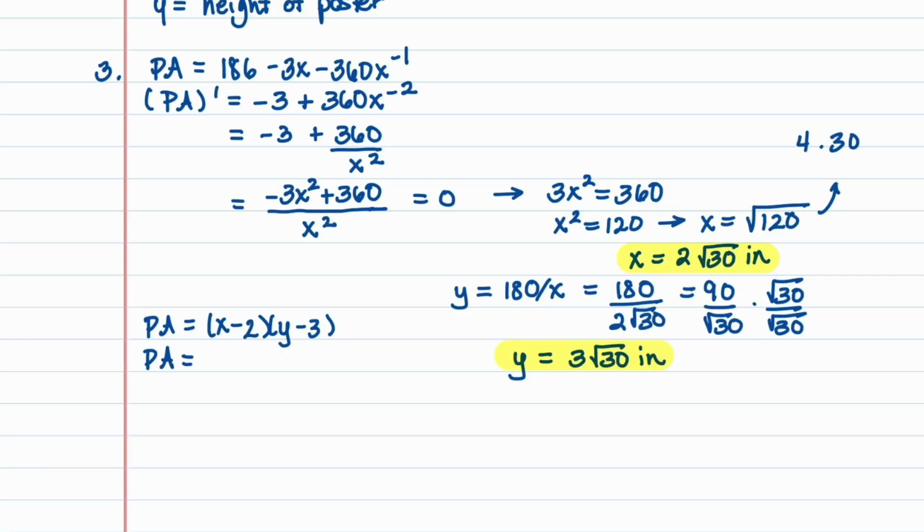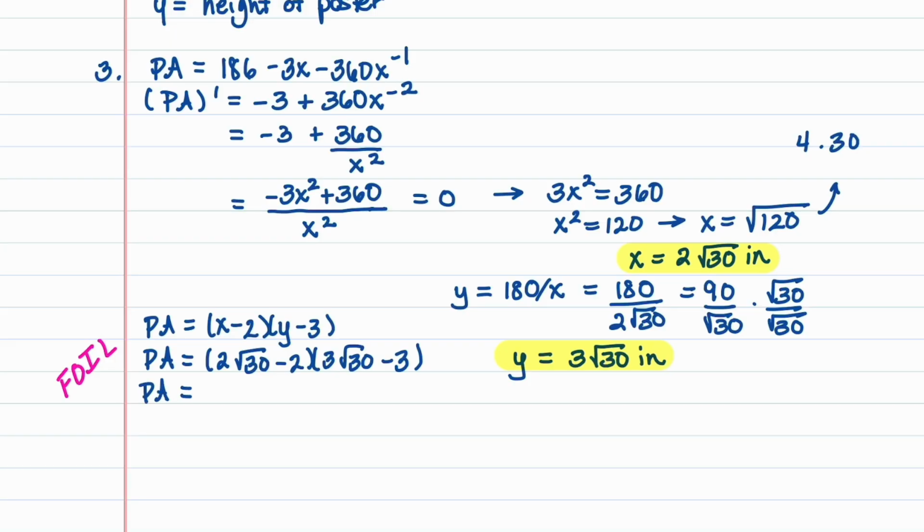And now let's substitute in for x and y. X is 2 root 30. So we have 2 root 30 minus 2. And then y is 3 root 30 minus 3. Let's go ahead and use the FOIL method and multiply all of this out.